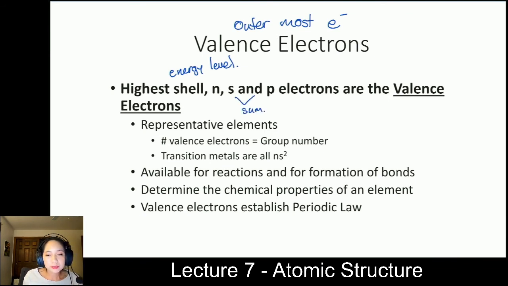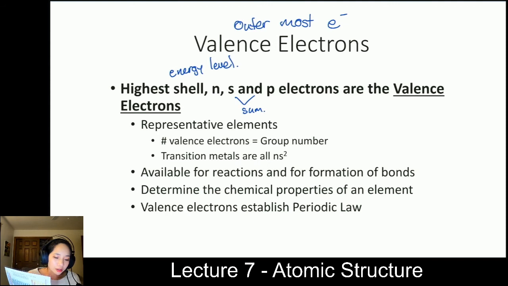So, if I ever ask you how many valence electrons are in sulfur, you count up all of the outermost S and P electrons, and that's how many valence electrons there'll be. Thankfully, the periodic table tells you valence shell electrons. It's actually the group number for the representative elements, so all of these S and P block elements. So 1A through 8A, that number actually tells you how many valence electrons there are, but you can also just count outermost S and P orbitals.